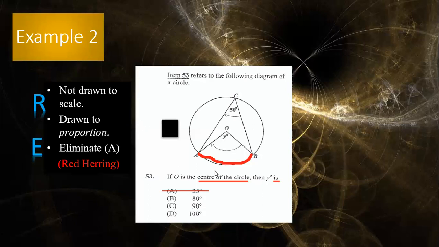Good job, Maya. Because you can clearly see that 25 degrees is smaller than 50 degrees. So there's no way that E is the answer.